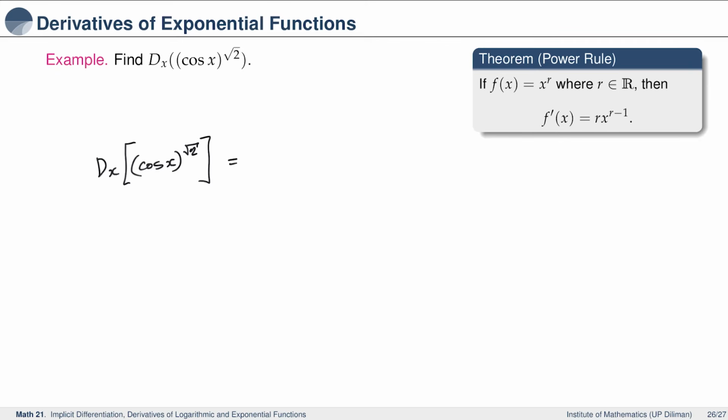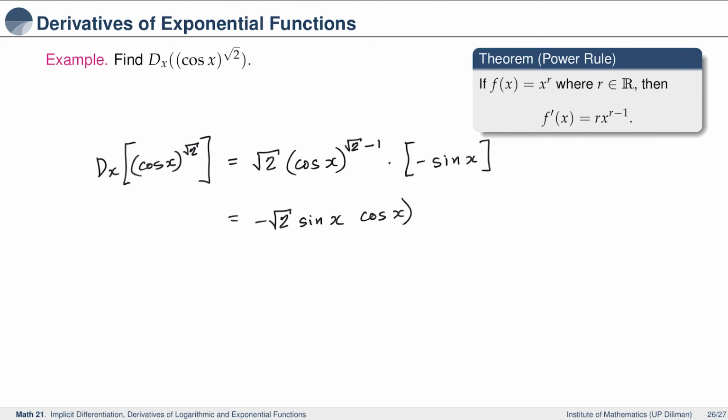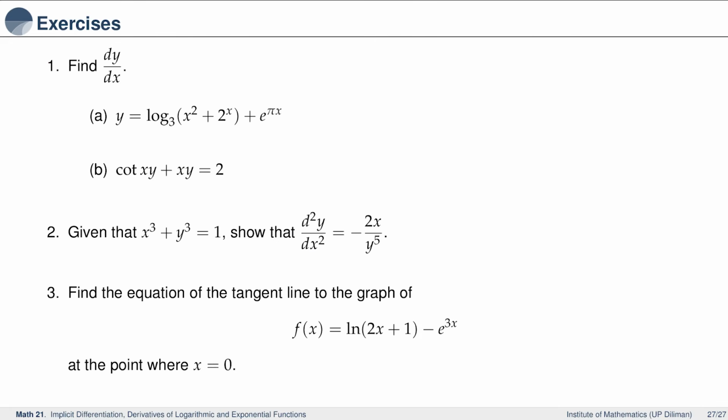So that would give us square root of 2 of the inner function, which is cosine x raised to square root of 2 minus 1. Multiply that with the derivative of the inner function, which is minus sine x. So if we simplify, the derivative then is minus square root of 2 sine x cosine x raised to square root of 2 minus 1. And that's it for the derivatives of exponential function.